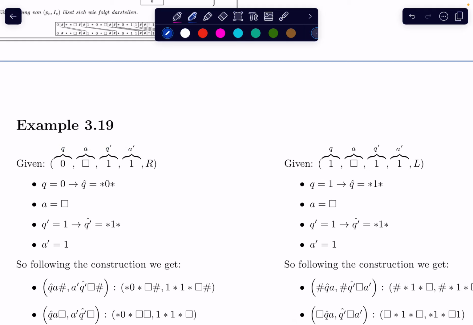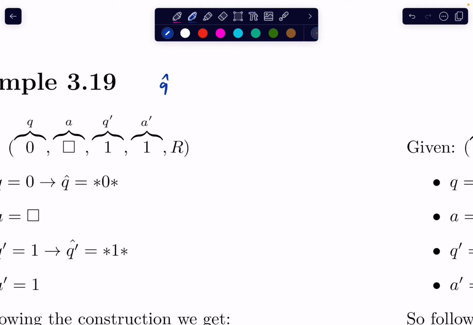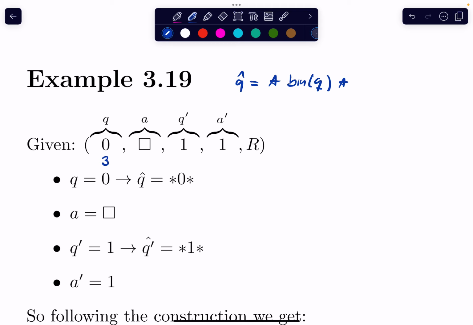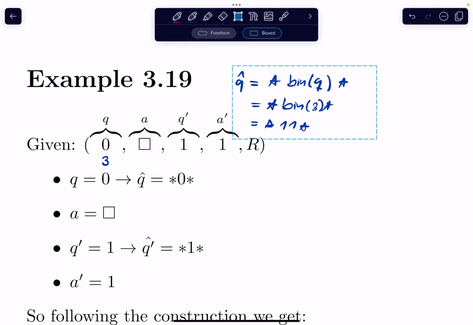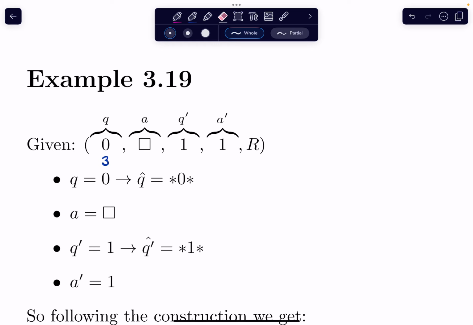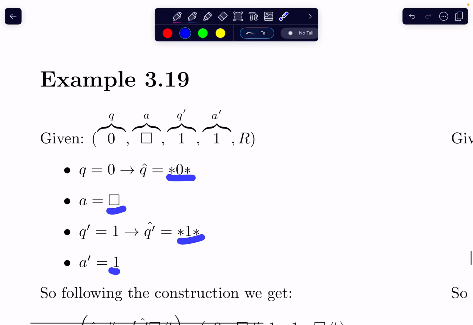We know that Q hat is going to be star of binary of Q. So if Q were, imagine, 3, we would have binary of 3, which would be 1, 1, and we're done. This is the only thing you have to compute, so to speak. So we compute our elements, and then we continue on.